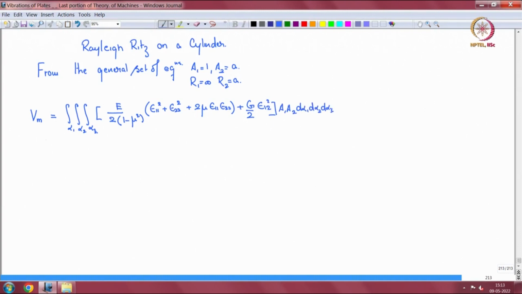Then you form your K max, the maximum kinetic energy, as omega square rho h by 2 integral alpha 1 integral alpha 2 of u1 square plus u2 square plus u3 square, A1 A2 d alpha 1 d alpha 2.